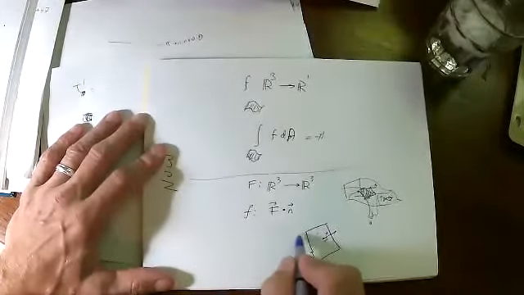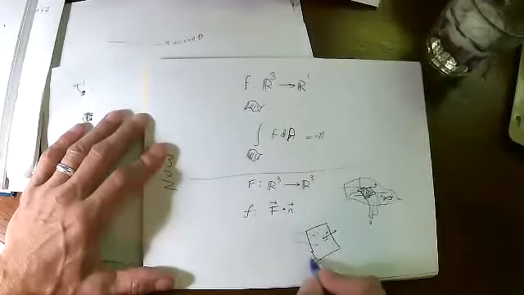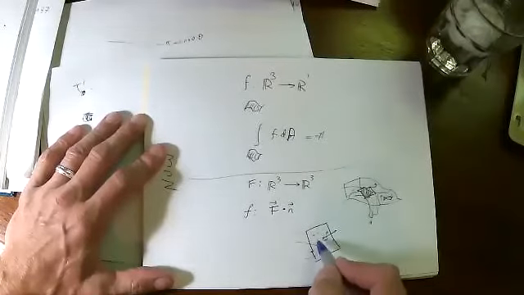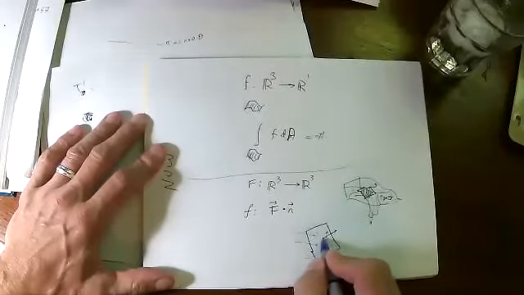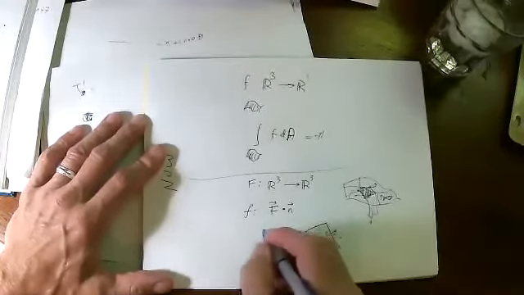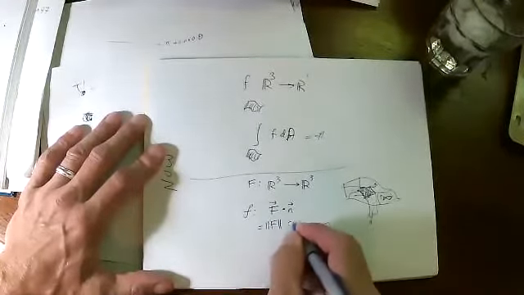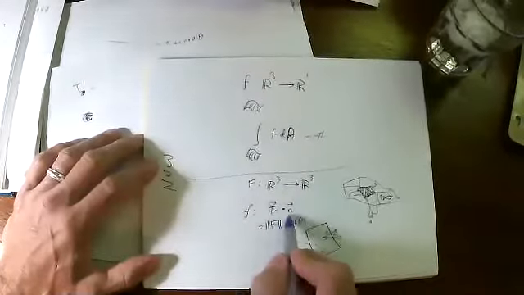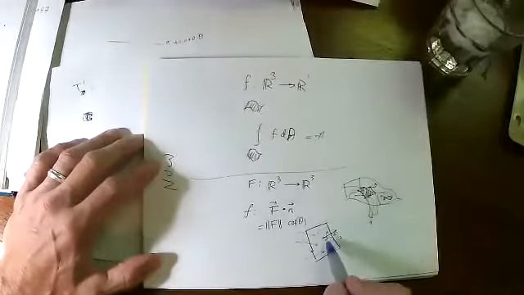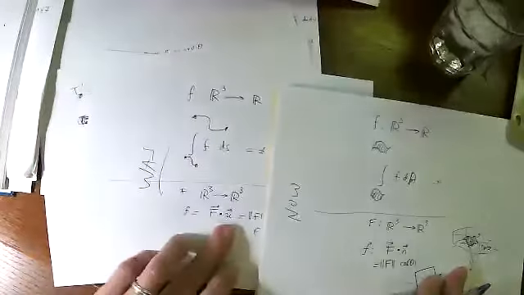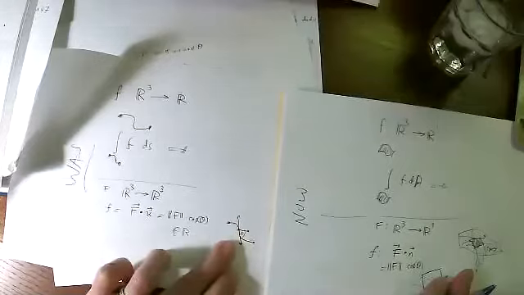And if the flow is coming in at different angles at different places, then the amount of the flux that you actually feel is going to be reduced by the cosine between the flow of the vector field and this unit normal vector. We measure an angle theta in there, and it will be the magnitude of F reduced by the cosine of this angle. I'm using the same notation here, but do notice that something has changed. The unit vector in question is now perpendicular to the surface instead of being parallel to the curve.